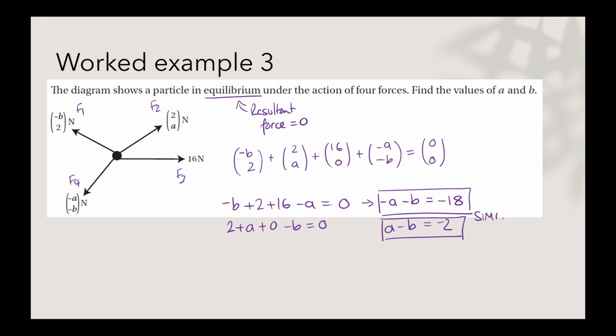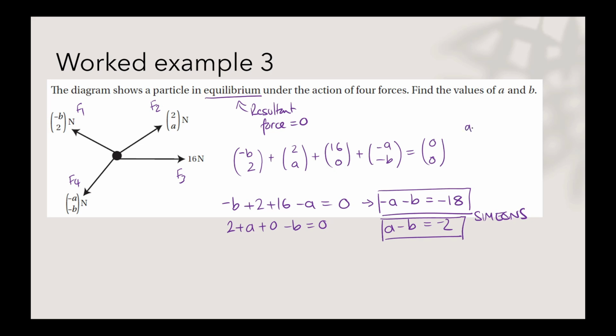And then again, using simultaneous equations and our calculator, we can hopefully get an answer to this question. So I've got minus 1A minus 1B, and that equals minus 18, and 1A plus minus B equals minus 2. Just make sure that you're using the right substitutions for x and y.